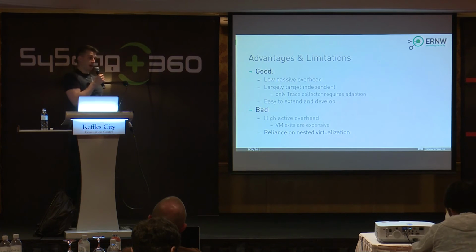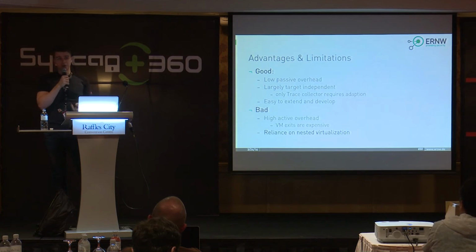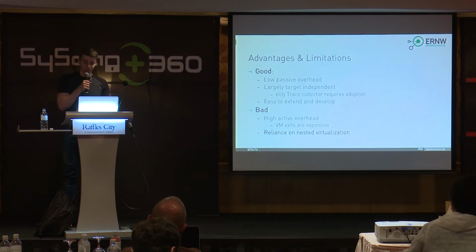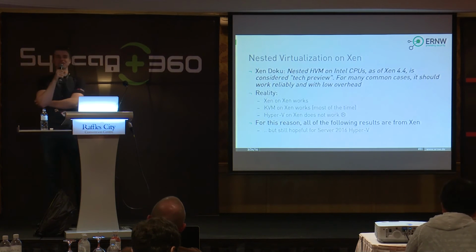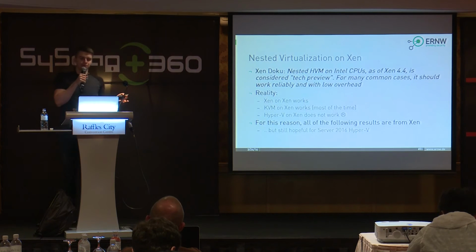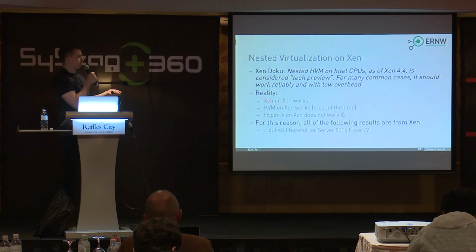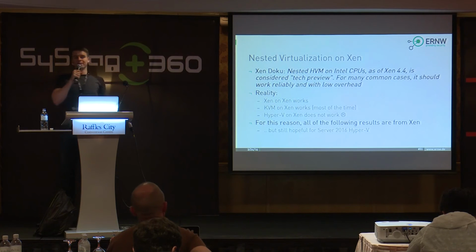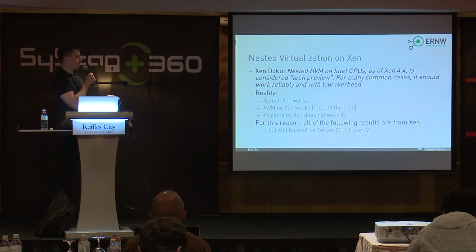The biggest problem I had in practice was that this relies on support for nested virtualization. Because nested virtualization on Xen, if you look at the documentation, they basically say, as of Xen 4.4, this is considered tech preview, so it should work in most cases, but it might be a bit unstable or something. As it turns out, that's not really true. It works if you virtualize Xen on Xen. It sometimes works if you virtualize KVM under Xen, but one of my main targets I actually wanted to look at is Hyper-V on Xen, and it simply doesn't work.